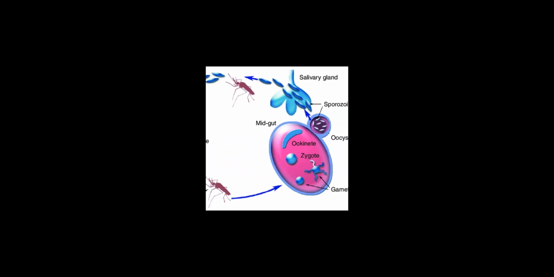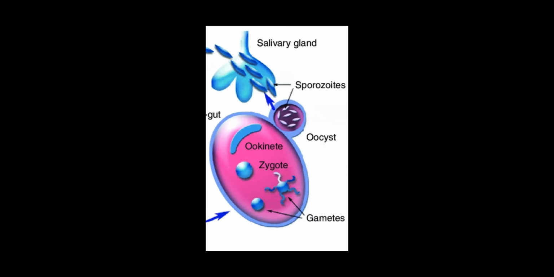See, like this, I was talking about the microgametocyte or microgamete and macrogamete, respectively male and female, which fertilize to form the zygote. The zygote turns into the ookinete. The ookinete goes into the wall of the gut in the mosquito.